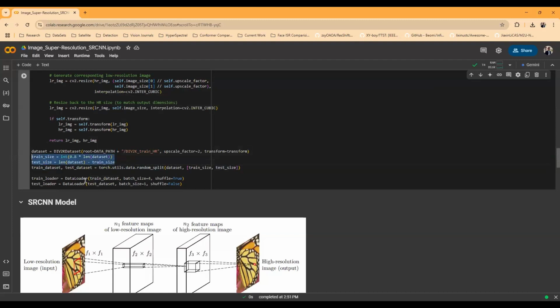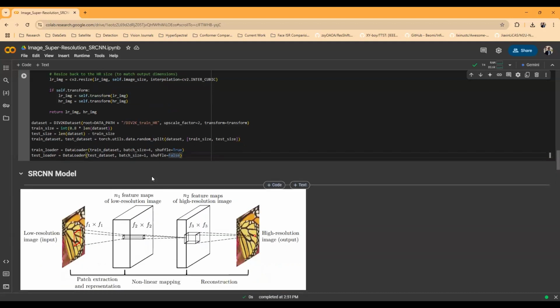This is pretty obvious. Now we are using the random split method, so out of the dataset, 80% will be allocated to the train dataset part and the remaining to the test dataset. Based on that, we are creating the data loader for the train dataset with batch size 4, where shuffling is true, and for the test dataset where the batch size is 1 as shuffling is false.